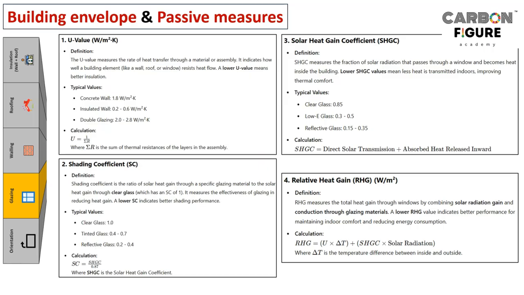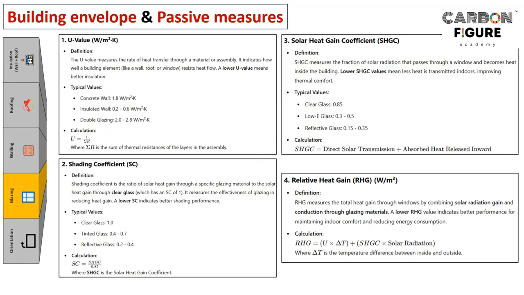Again, a lower SC indicates better shading performance. So clear glass, it is 1. Tinted glass: with respect to the clear glass, how effectively the little shaded tinted glass reduces the heat passage, right? That is what the number says.